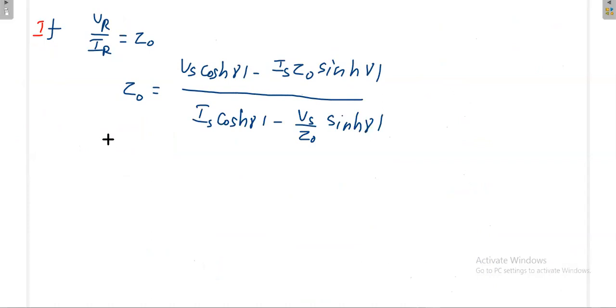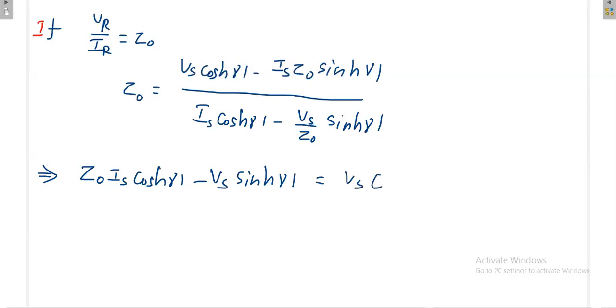Now from this, make the cross multiplication. Once you do the cross multiplication, it comes like this: Z0 Is cosh(γL), then Z0 cancels, Vs sinh(γL), and Vs cosh(γL) minus Is Z0 sinh(γL).